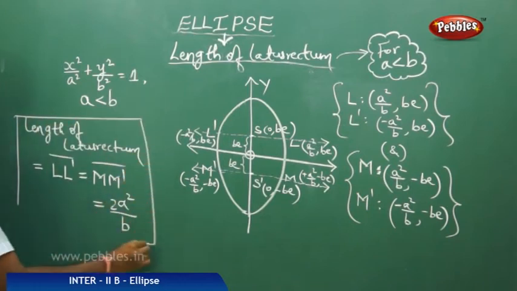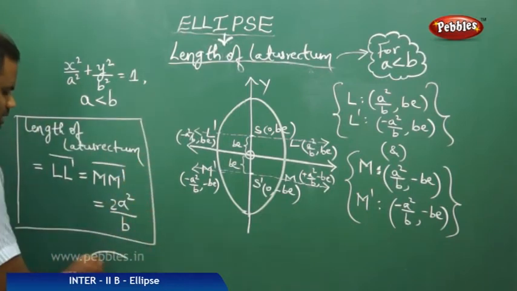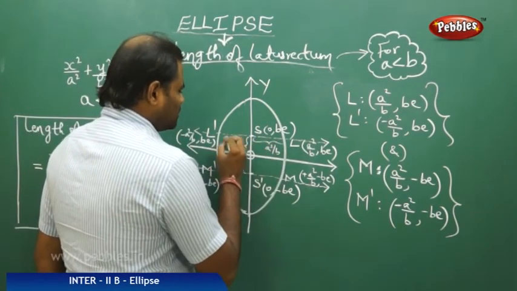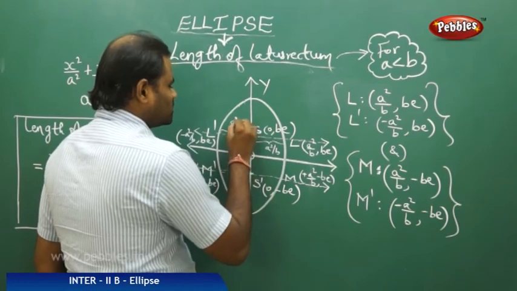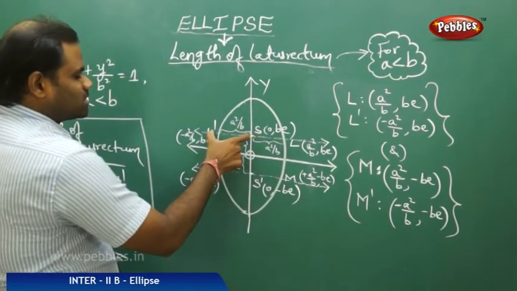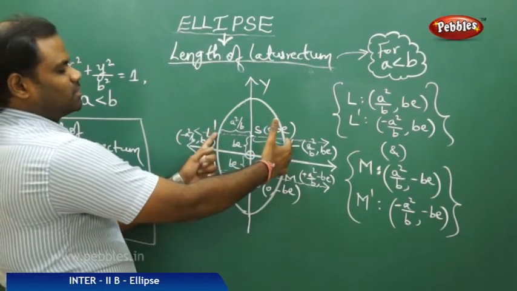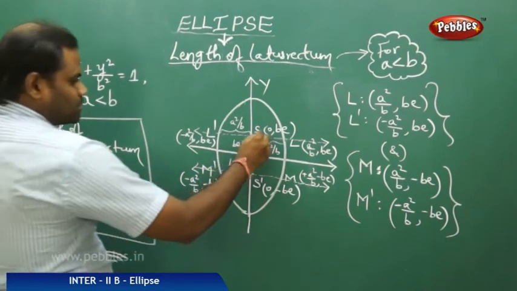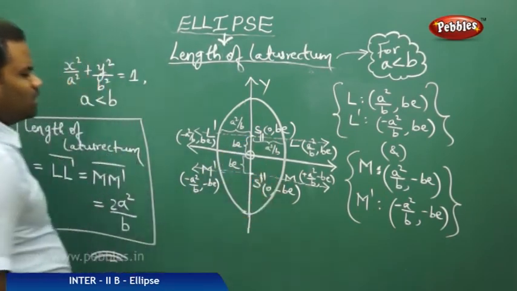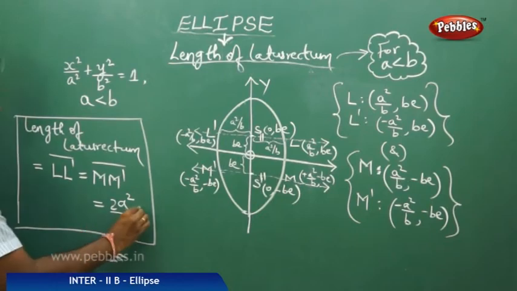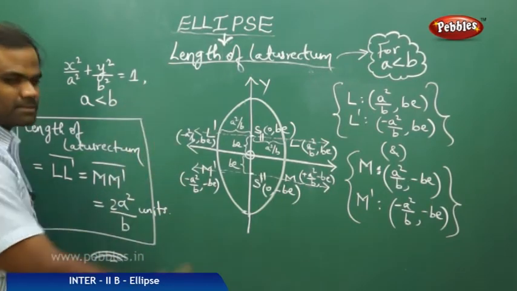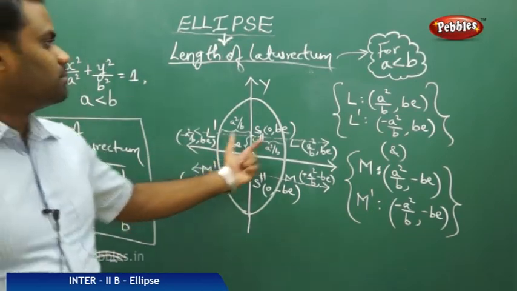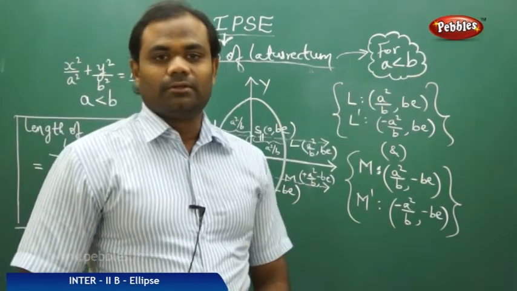Is how we identify, as can be clearly seen here, that this distance is a square by b and this distance also is a square by b. So a square by b plus a square by b is 2a square by b, which is LL dash, and hence the length of latus rectum LL dash or MM dash, because these two are equal, is 2a square by b units. Is how we identify the length of latus rectum for the ellipse with A less than B.